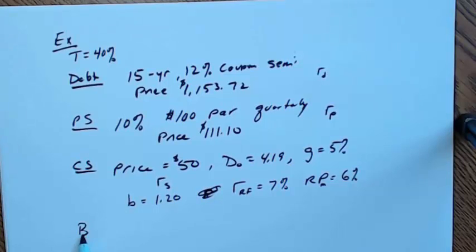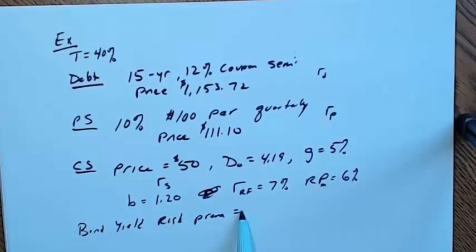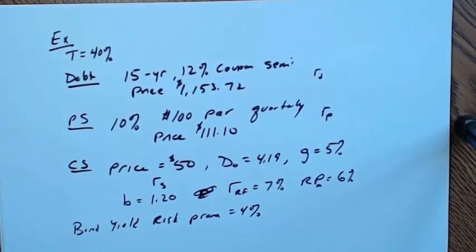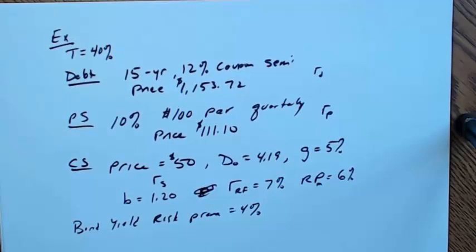There is a bond yield risk premium equal to 4%, and I'll explain that when we get to it. So this is the setup. Okay? So you might want to write this down now so you have it ready when I start going through this material.